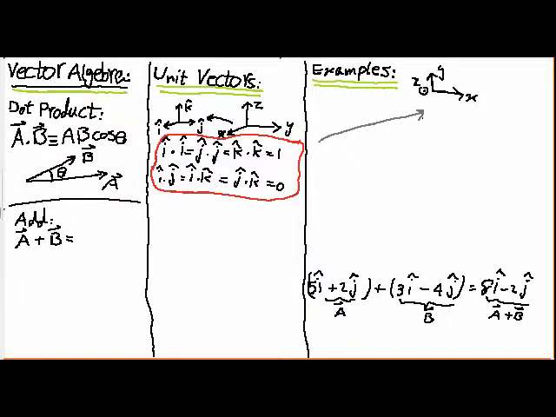And this is A, and now let's draw B. Okay, so B is 3 I hat, 1, 2, 3, and minus 4 of them, 1, 2, 3, 4. And this is B.